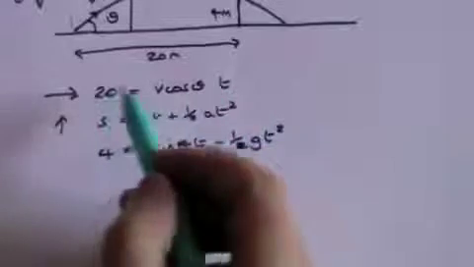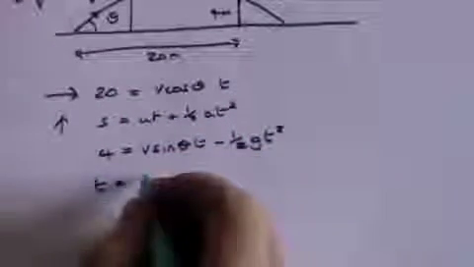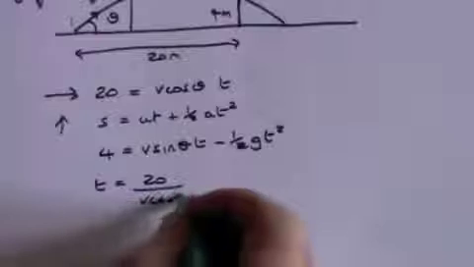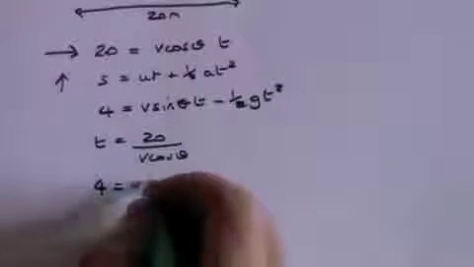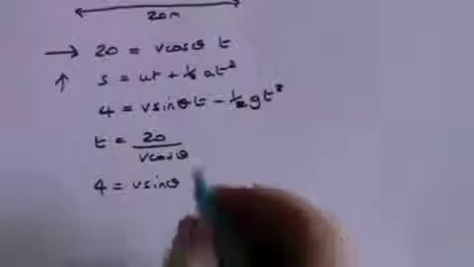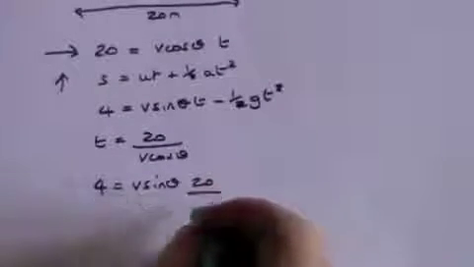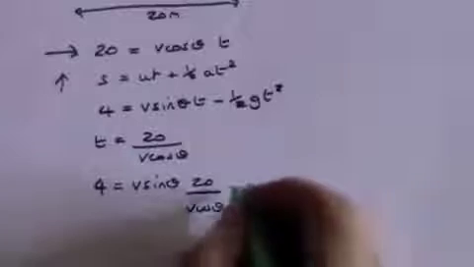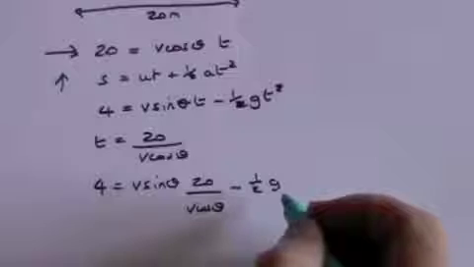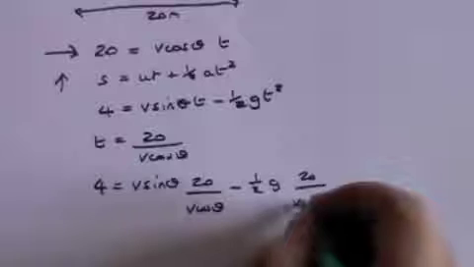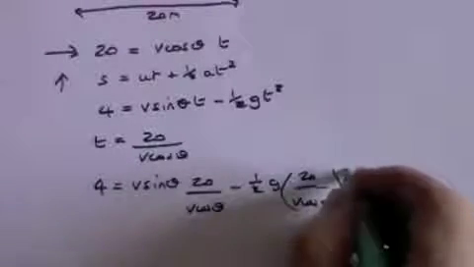And just as we did before, you can solve for t from this formula. T equals 20 divided by v cosine theta. And then you substitute that value of t in this formula here, which means you've got 4 equals v sine theta times 20 divided by v cosine theta, minus a half g, which is usually given as 10 or 9.81, you'll be given that, times 20 divided by v cosine theta all squared.